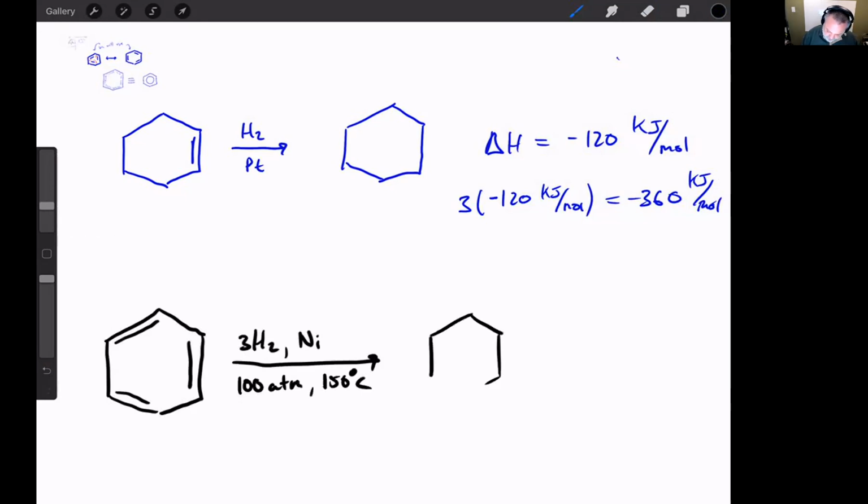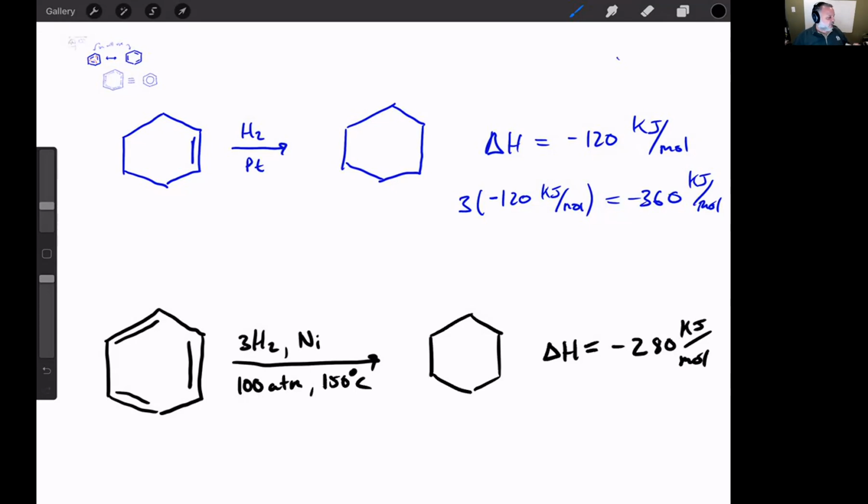We can get that structure to be reduced, but we find that the delta H isn't 360, it's minus 280. So it's about 80 kilojoules per mole more stable than we would expect just from examining the hydrogenation of cyclohexene.